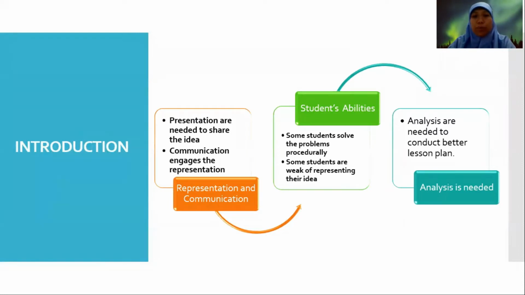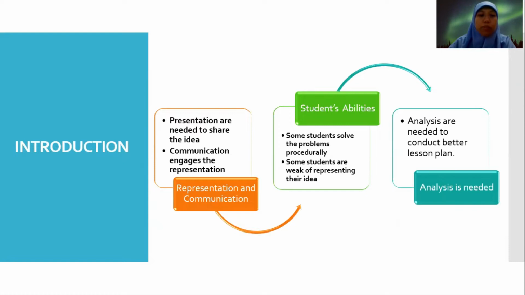The first point is representation and communication. Representation is the ability that is needed to help better communication, such that representation is related to communication ability. However, most students didn't seem aware of mathematics symbols and solved the problem procedurally.